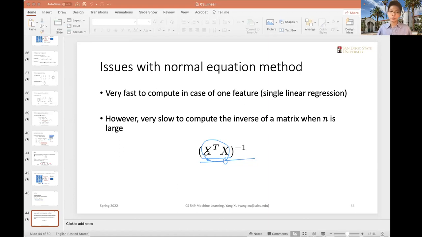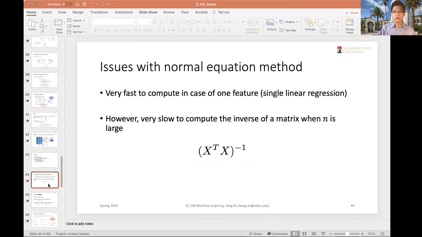in scenarios when we have a massive amount of raw data and heterogeneous data. Okay, so computing the inverse of a really large matrix, imagine it could be 10,000 by 10,000, right? Then that is really a slow process, okay?